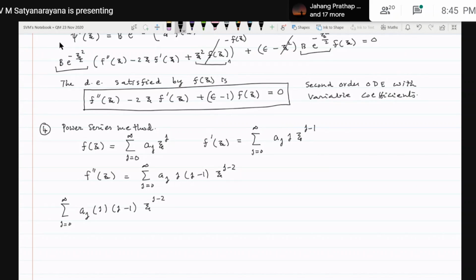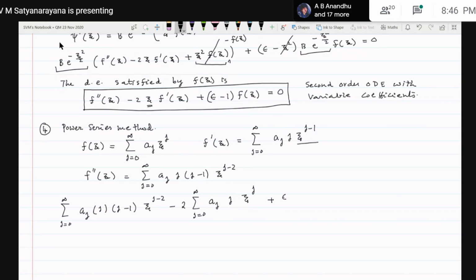And minus 2 times the sum over j equal to 0 to infinity of aj into j, and I will have xi to the power j, because in the first derivative I have xi to the j minus 1, but then there is one xi sitting here outside, so when I take it inside, it will be simply xi to the j.